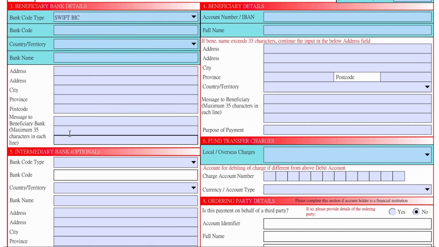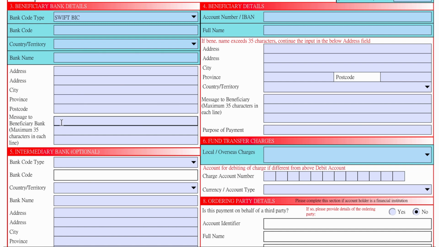Here is the information about their bank, so they will need to give you this information. And usually there's a Swift BIC code. So you put the code here, and then it will know pretty much all the other information. You might want to write a message.